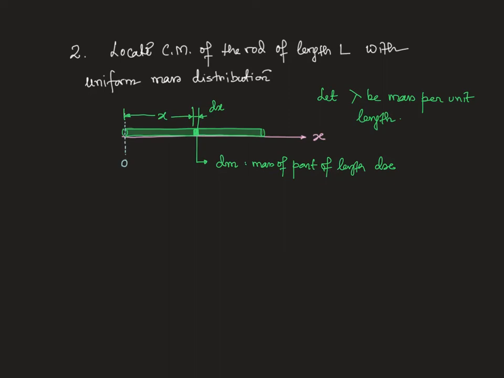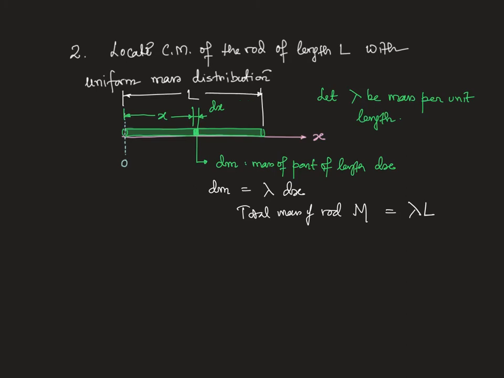So now lambda is what? Mass by length. So we can write dm is equal to lambda times dx, right? See that total mass of the rod is how much? Total mass of the rod, capital M, is equal to lambda times L. Okay, so the length of the rod is given as L.